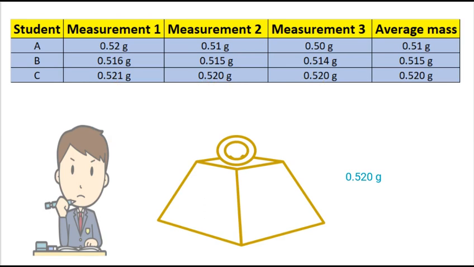Therefore, the data presented by student C is accurate as well as precise. So this is accuracy and this is precision. If you still have any confusion with accuracy and precision, please don't hesitate to ask. I will re-explain it to you again.